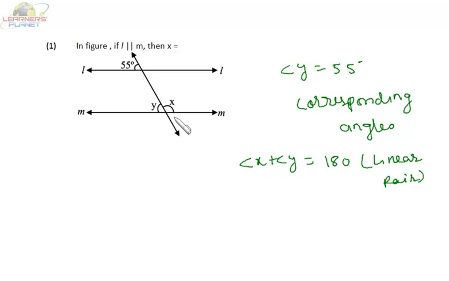Now angle X we have to find out. Angle Y we already know is 55 degree. So angle X is equal to 180 minus 55. Clear? So it would be 125 degree. Quite easy. Let's take the next problem.